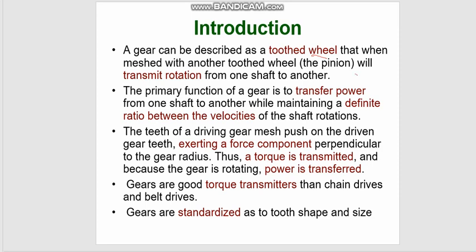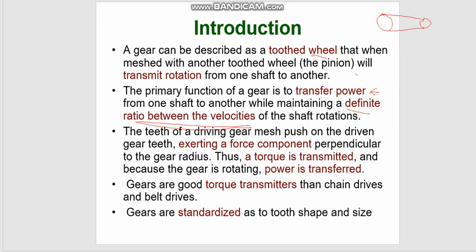Right? So the primary function of the gear is to transfer power from one shaft to another while maintaining a definite ratio between the velocities. This is one advantage of the gear system. If you remember when we talked about the belt system, the two pulleys are connected by a belt.